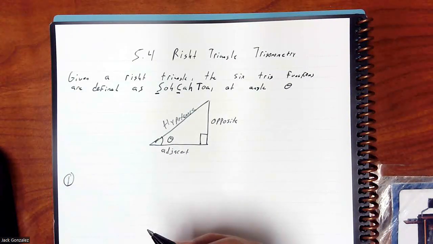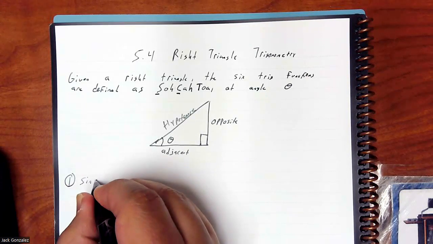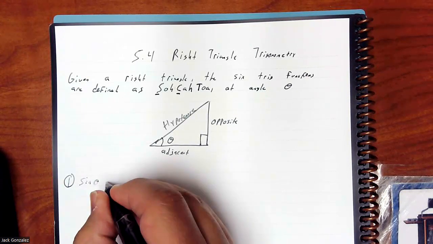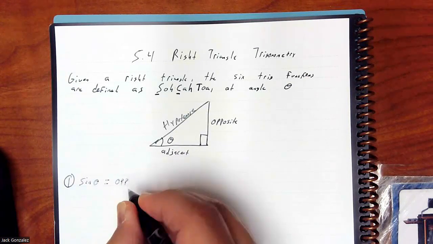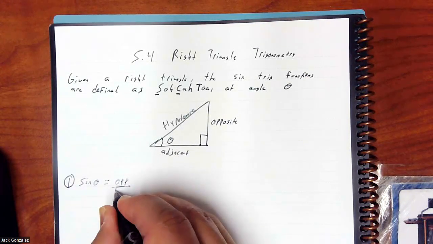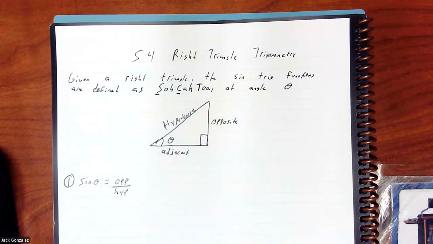Okay, so let's put it in words. Number 1, sine theta is equal to, I'm going to shorten it up, opposite over hypotenuse. That's what we meant by the SOH part.